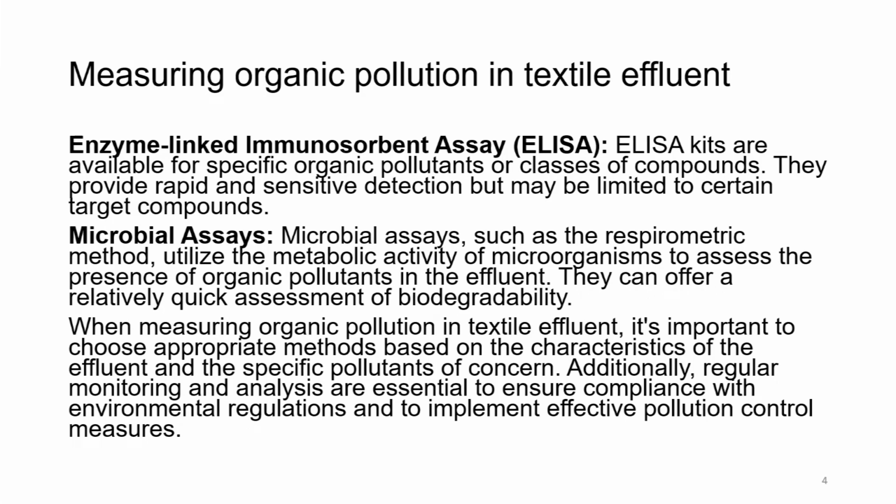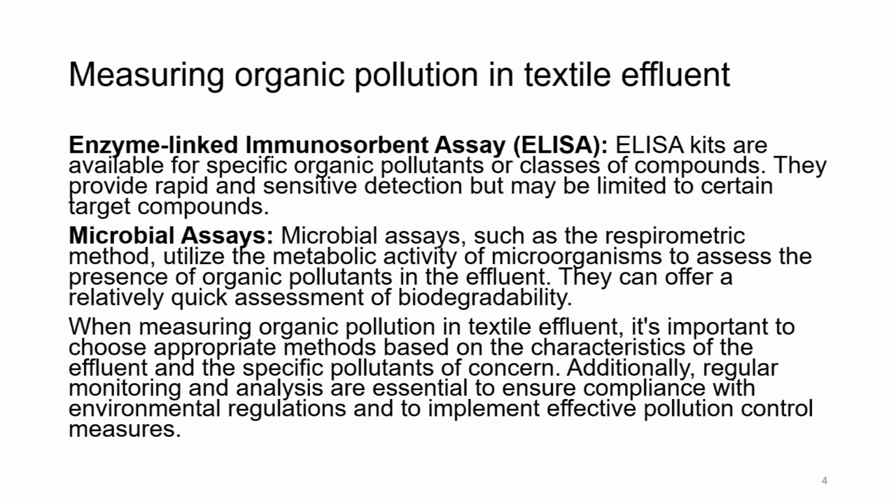Microbial assays such as the respirometric method utilize the metabolic activities of microorganisms to assess the presence of organic pollutants in the effluent. They can offer a relatively quick assessment of biodegradability.